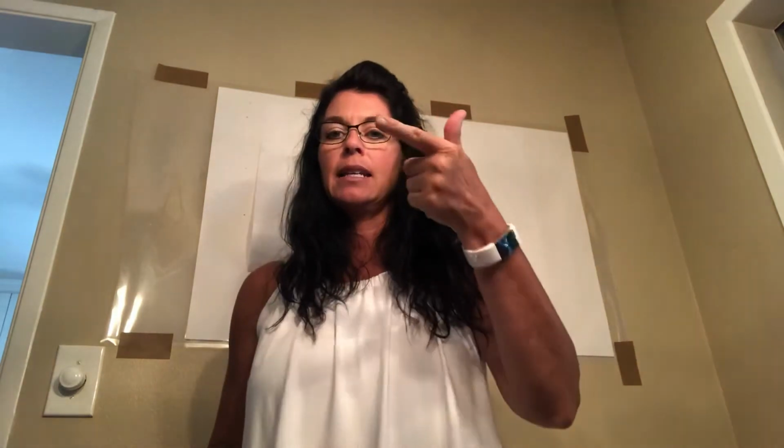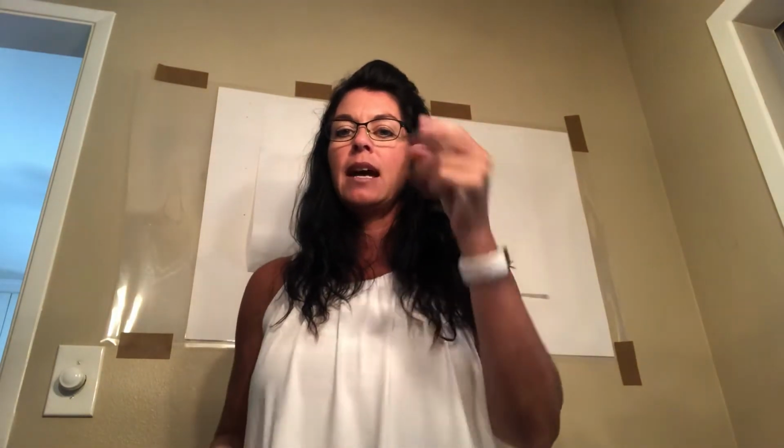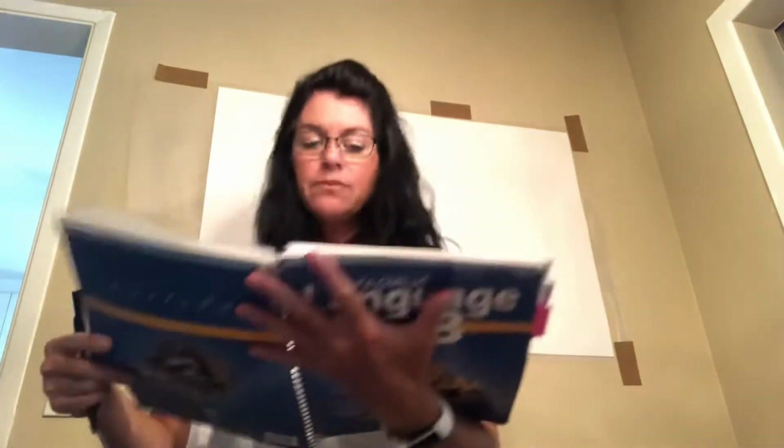Remember, a syllable is if you were to say something like satisfaction, satisfaction, satisfaction. It has 4 syllables, okay? So find satisfaction on page 154. It is in the first column, and it's the 3rd word from the bottom.